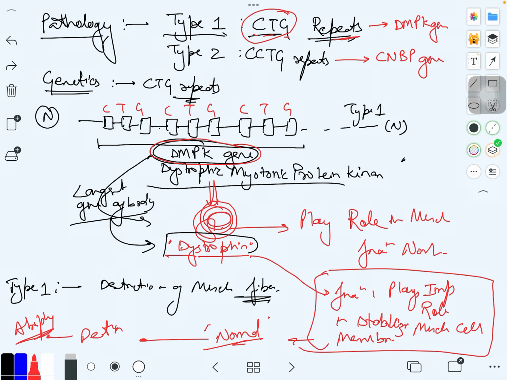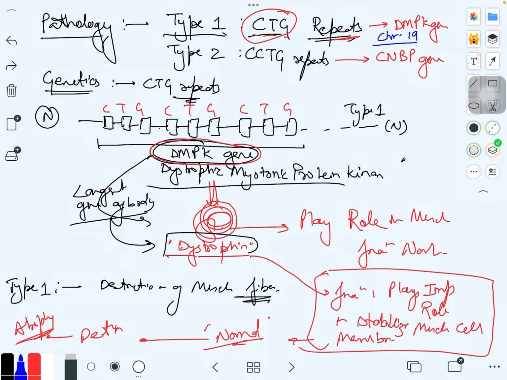Now, one more thing to note is the chromosome number. So for type 1, the DMPK gene is found on chromosome number 19. This P looks like 9, so likewise you can remember.